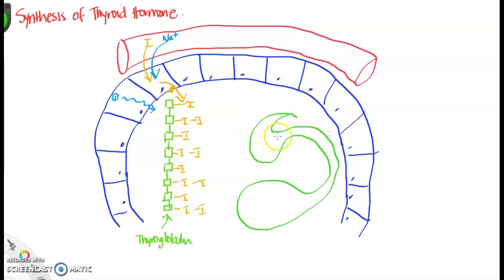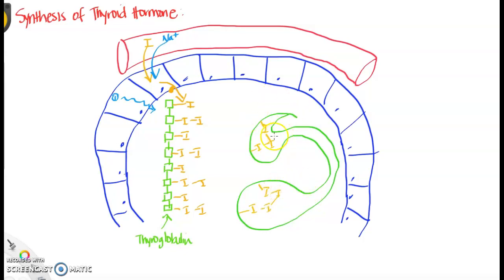in here. So this is the thyroglobulin, and the iodine is there. Here's a oneer, and here's a twoer, and they link. Okay, here's a twoer, and here's a twoer, and those link.